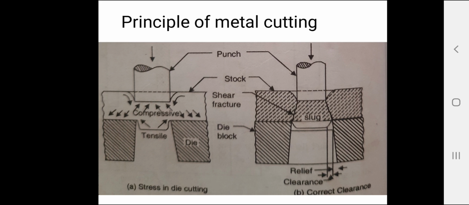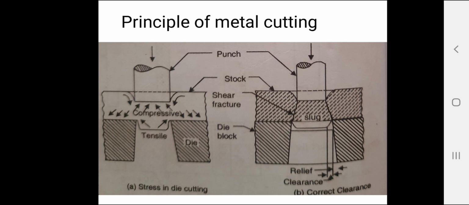If the clearance between punch and die is correct, the cracks that start from the punch and die edges will meet and rupture is complete as shown in the figure. If the clearance is too large or too small, the cracks do not meet and a ragged edge results due to the material being dragged and torn through the die. So proper clearance is very important.